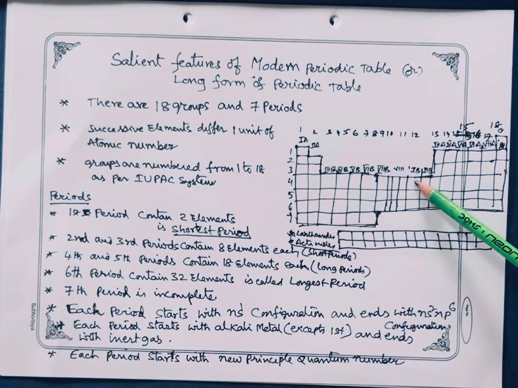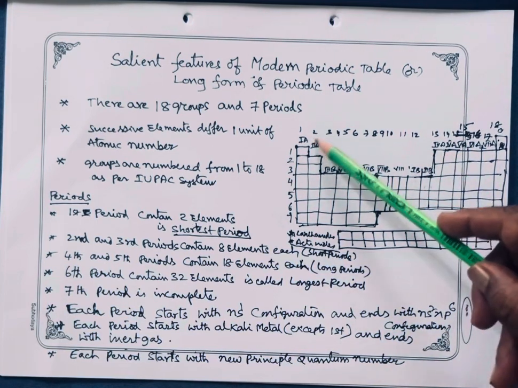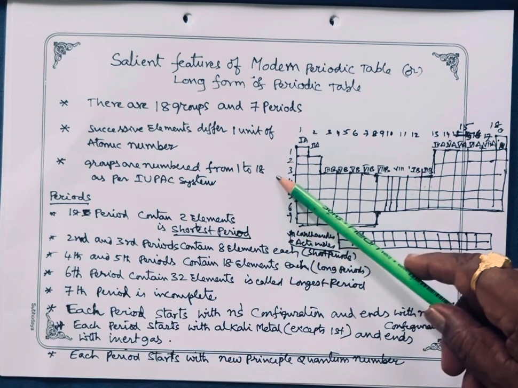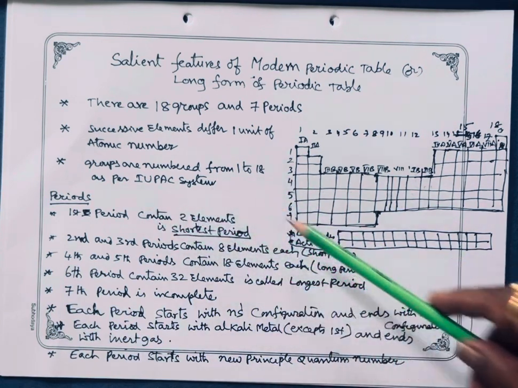So they are called coinage metals: copper, silver, gold. And zinc, cadmium, mercury are called the zinc group, second B. Afterwards again comes the A subgroup: first A, second A, third A, fourth A, fifth A, sixth A, seventh A, and zero group. Zero group elements are there. So total 18 groups are there. The groups are numbered from 1 to 18 as per the IUPAC system.